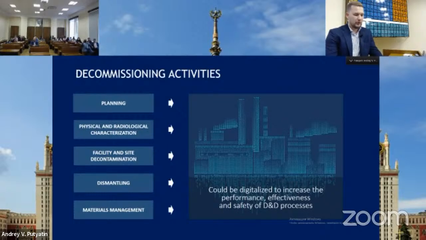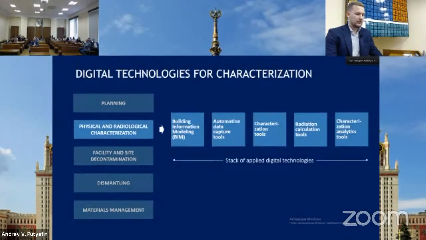None of these processes could be performed well, with high quality and safety, without using appropriate digital tools. Here you can see the general stack of applied digital technologies that we use in our practice to perform characterization. The core of all technologies is the so-called building information modeling technology.